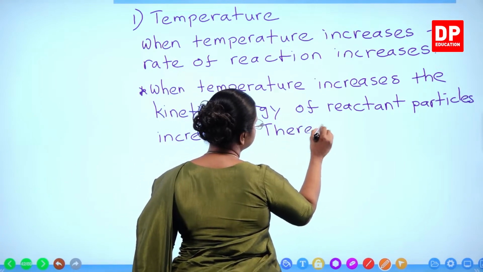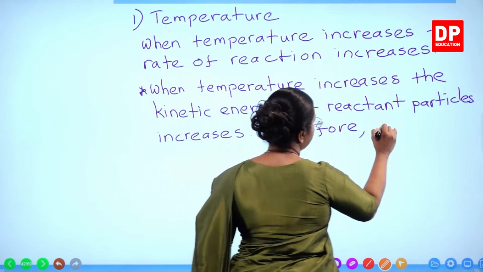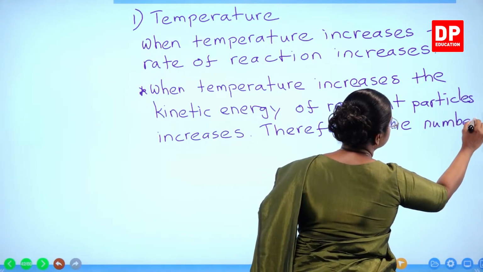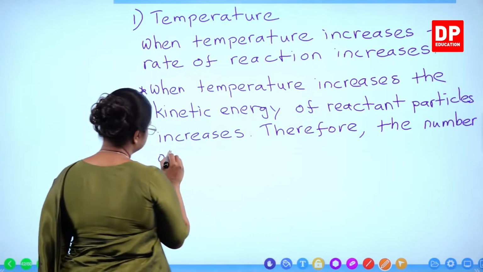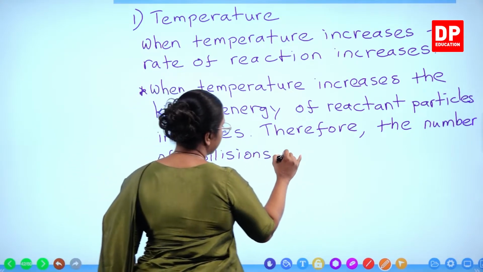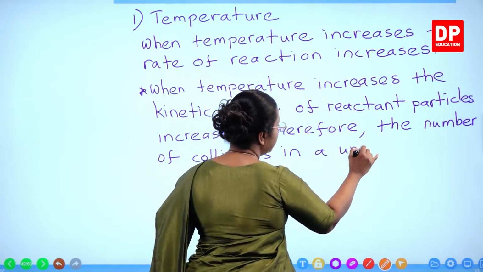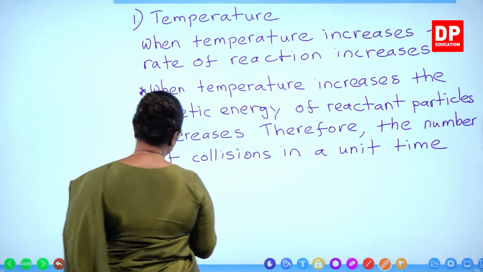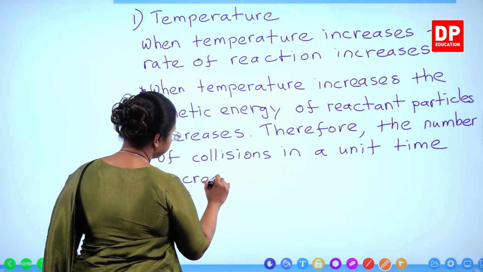Therefore, the number of collisions in a unit time increases.